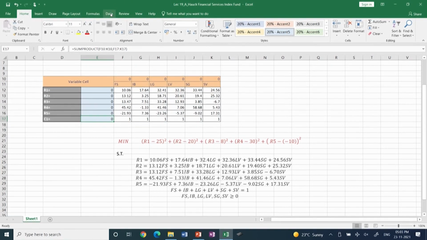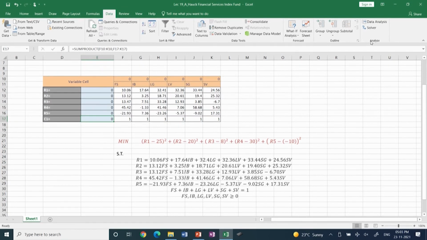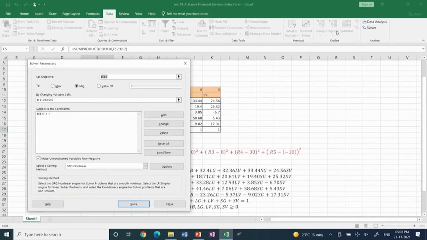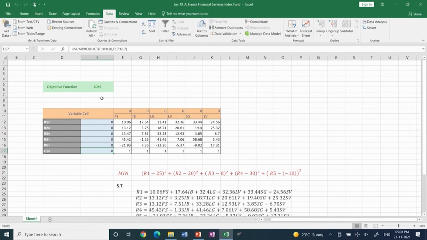Now, I am going to Data, Solver. Now, I am going to explain what our objective function is. The objective function is written in E5. Where is E5? Please look at this E5. E5 is (R1 minus 25) whole square. What is R1 here? E12 is my R1.